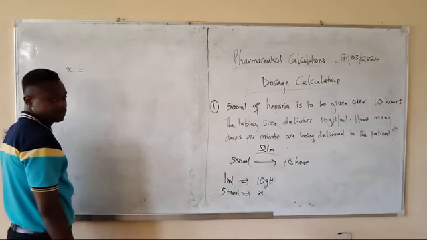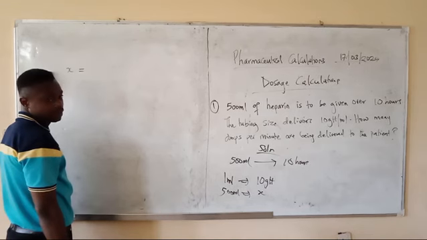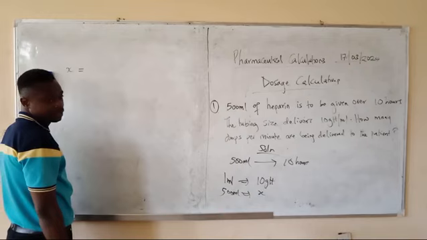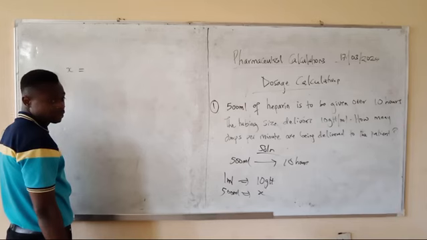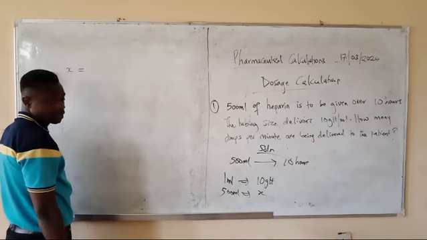X is equal to 500 ml times 10 drops, all over 1 ml.